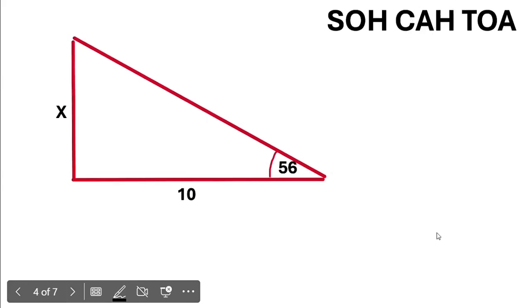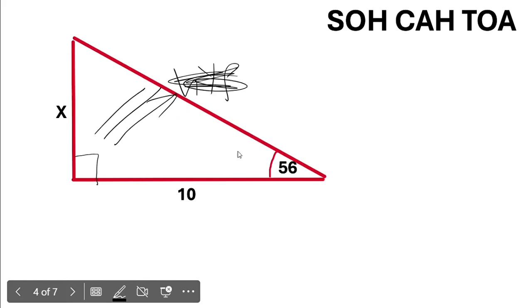Now here we have the angle 56. Here, right angle triangle. This is the hypotenuse, the side opposite the right angle. Here hypotenuse is unknown, no number.